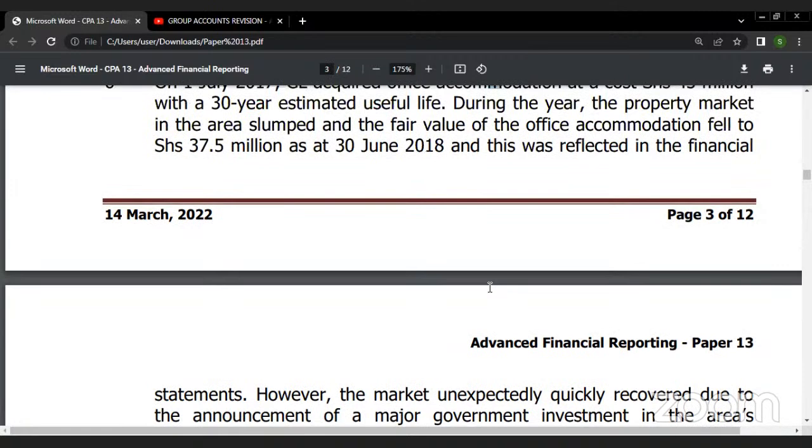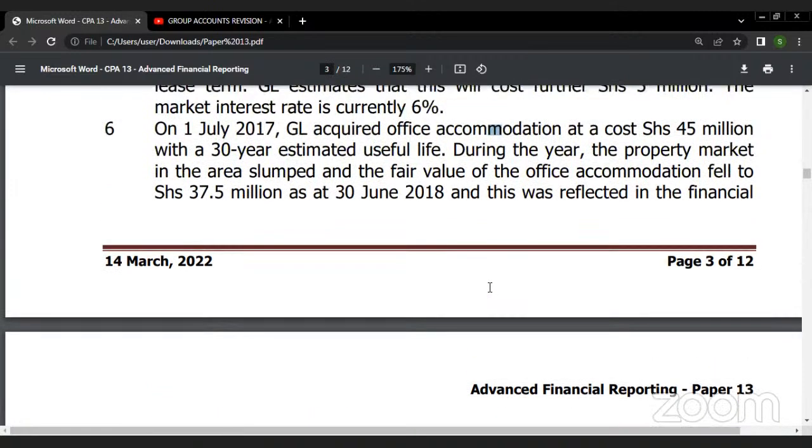So in this note, of course, we are going to apply IAS 16, property, plant, and equipment. Initially we see that there was an impairment loss on this asset because its value fell to 37.5. So there is an impairment.